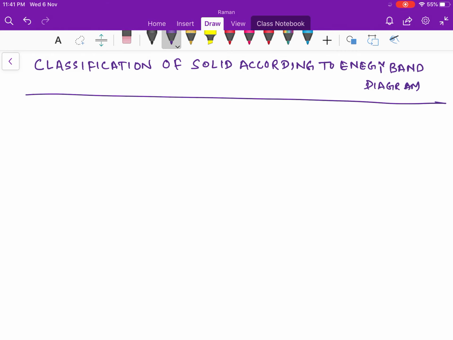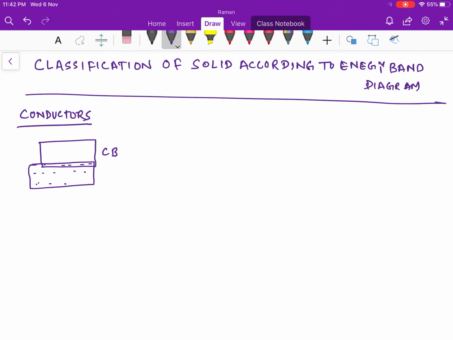So according to the energy band diagram, if we talk about conductors, for a conductor the conduction band and the valence band almost overlap each other.